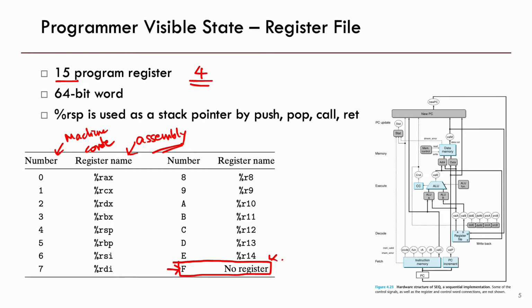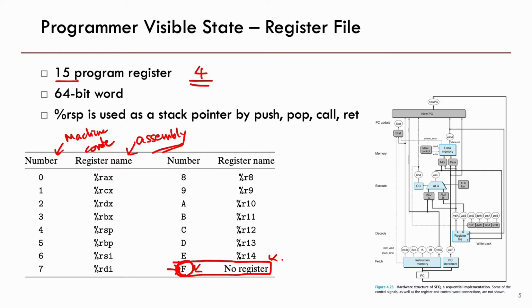Then it is easy to decode and execute. So we use the 16th value to indicate that the current instruction does not need a register read or write. So that's why we have only 15 program registers.